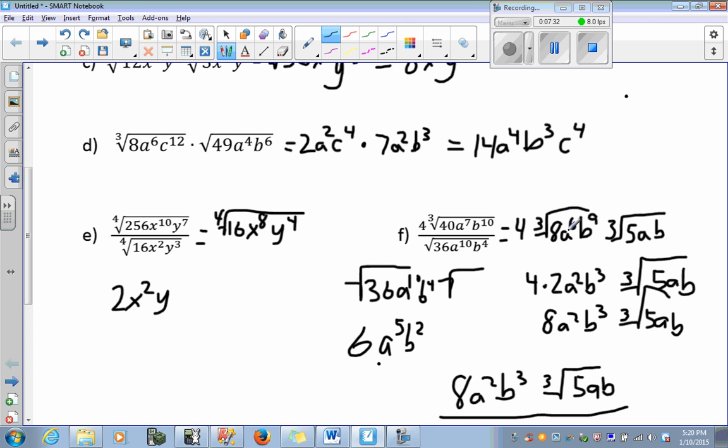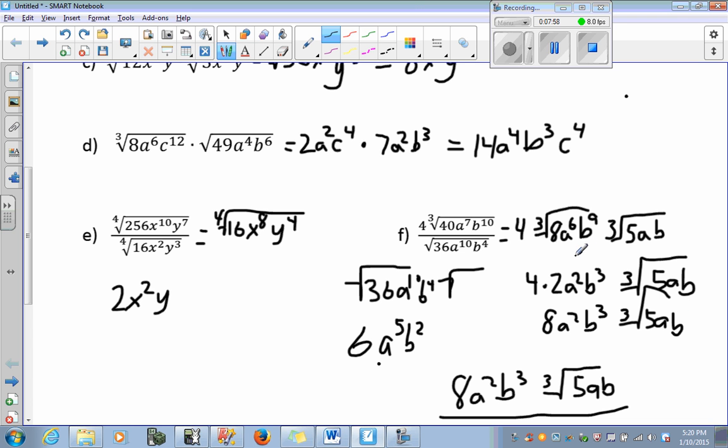The cubed root of b to the 9th is b cubed. So we have 4 times 2a squared b cubed, and then we just simply bring down the cubed root of 5ab. Multiplying these two together, we get 8a squared b cubed times the cubed root of 5ab. That takes care of our numerator.